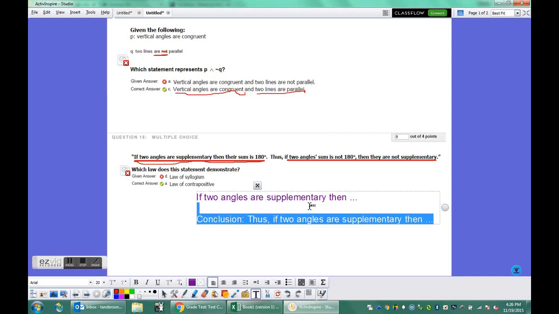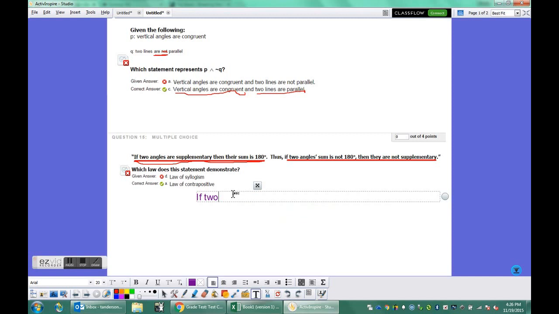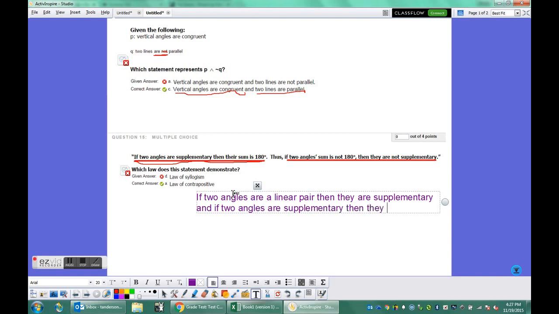Okay. Another example of when you're using law of syllogism. Let's say if two angles are a linear pair, then they are supplementary. And if two angles are supplementary, then they sum to equal 180.